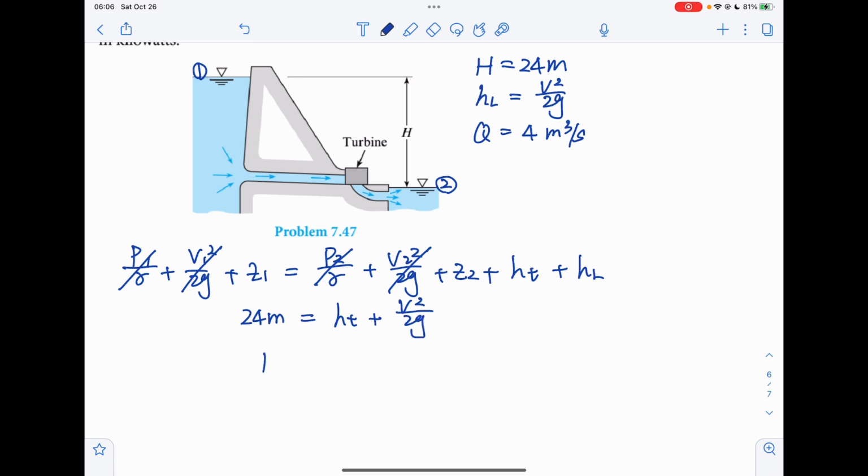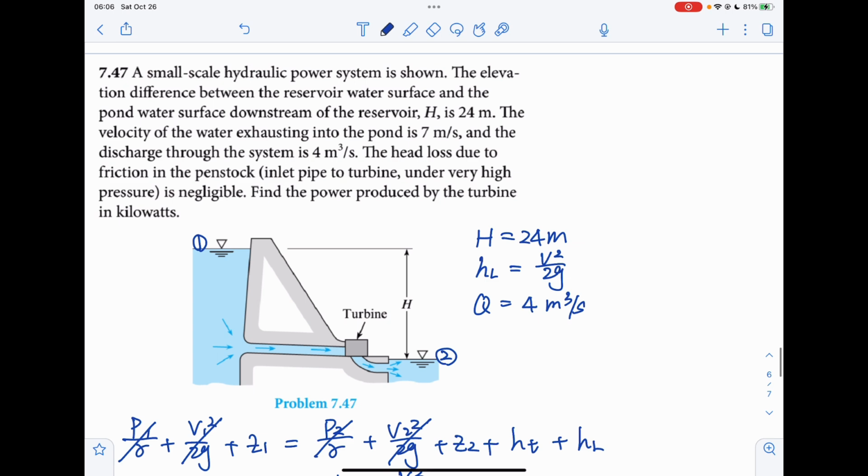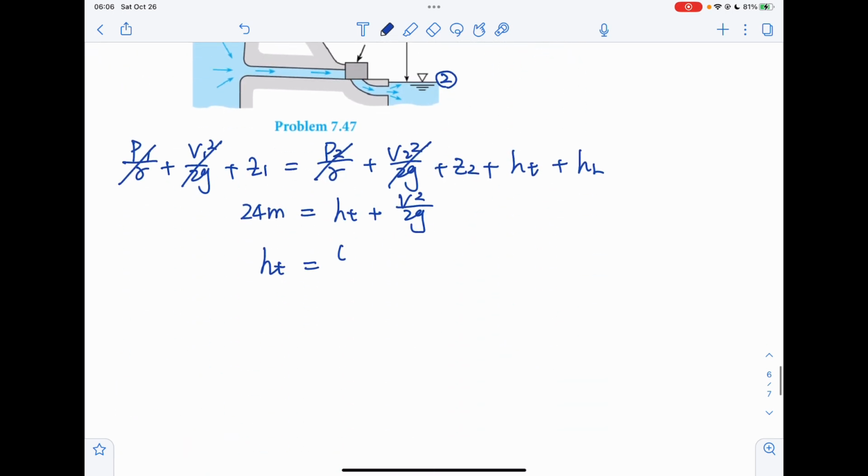So the head of the turbine equals 24 meters minus the velocity, which is given as 7 meters per second, squared over 2 times g.